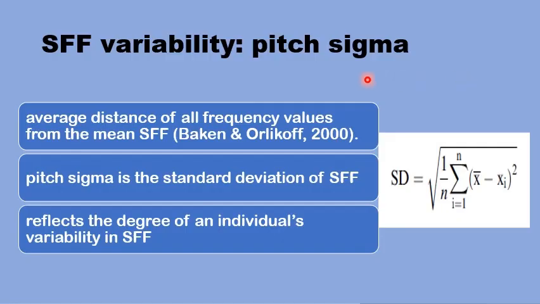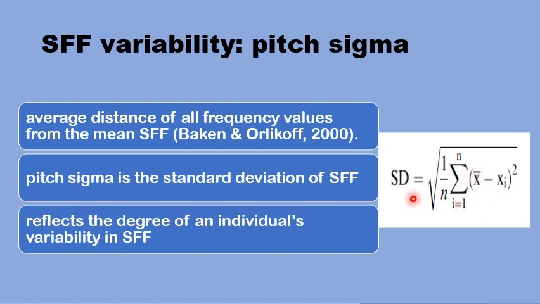Another parameter of interest is the variability in the speech fundamental frequency. We can calculate from the histograms the average distance between each frequency and the mean speech fundamental frequency. That is to say, we can calculate the standard deviation of the speech fundamental frequencies, the average distance between each individual reading and the mean speech fundamental frequency.